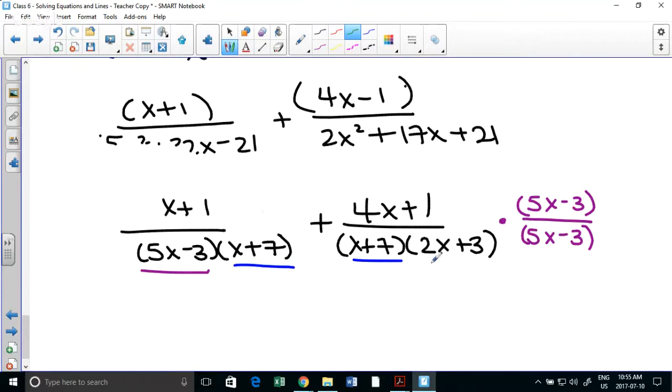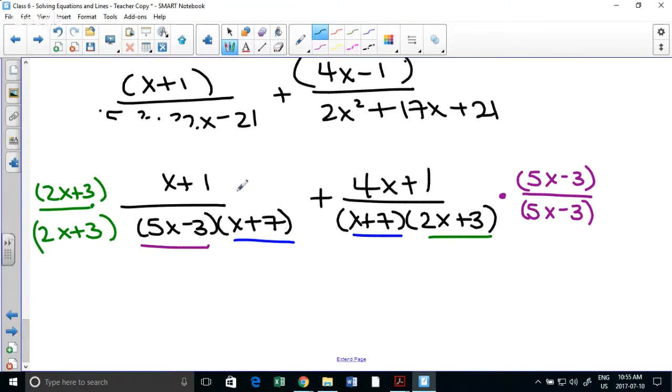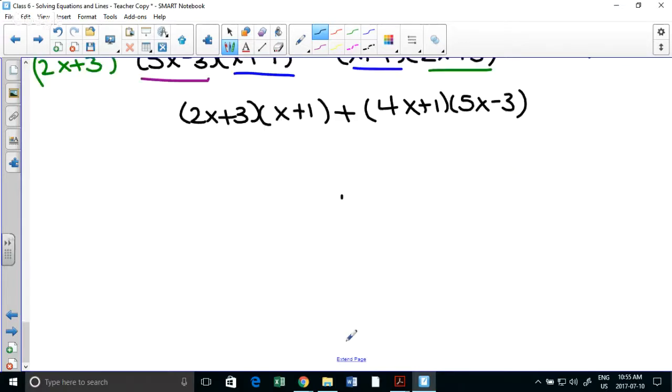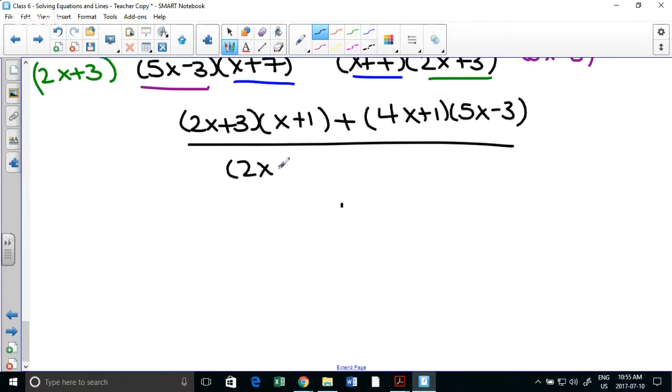Here I have a 2x plus 3. That's missing on this side, so I do the same thing. I put these together, so I get 2x plus 3, x minus 1, plus 4x plus 1 multiplying 5x minus 3, all over my huge new denominator, which is 2x plus 3, 5x minus 3, and x plus 7.